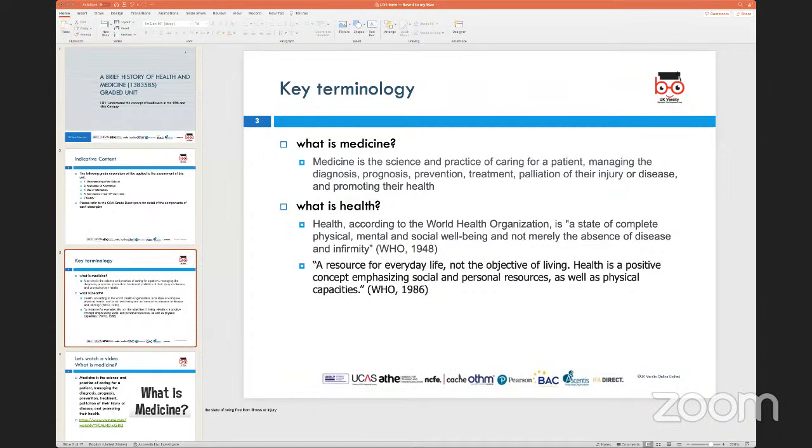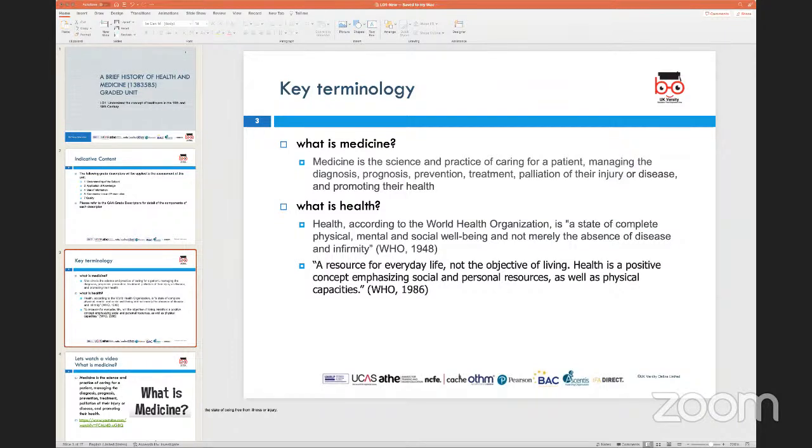Now, if you look at the dictionary definition of health, it basically means the state of being free from illness or injury. But this definition is considered incomplete because we also need to consider a person's mental, physical, and emotional well-being. And that is where the World Health Organization's definition brings this to a bit of completeness.